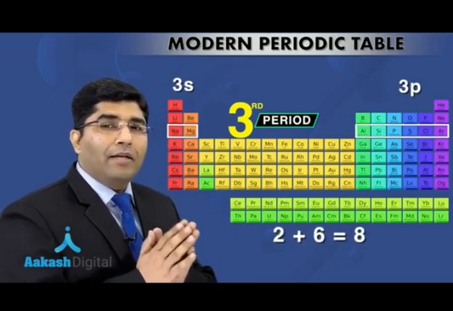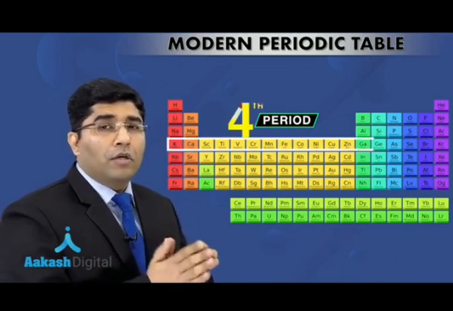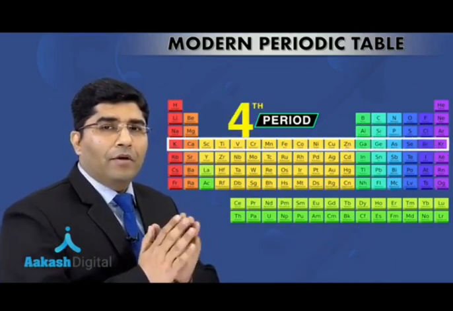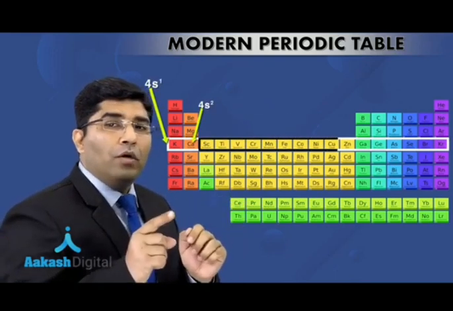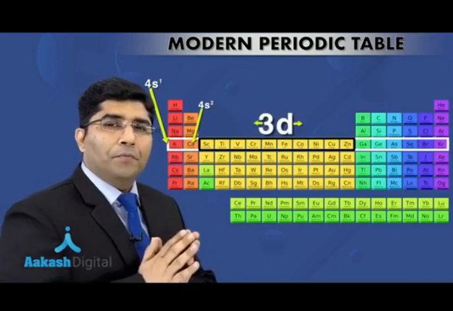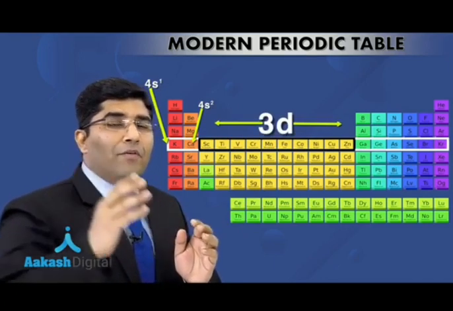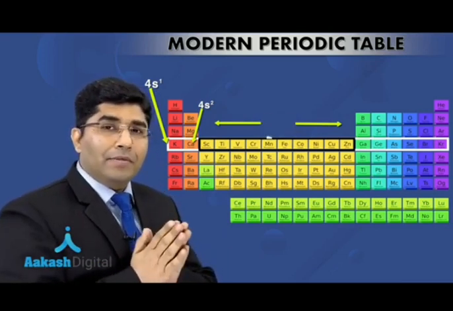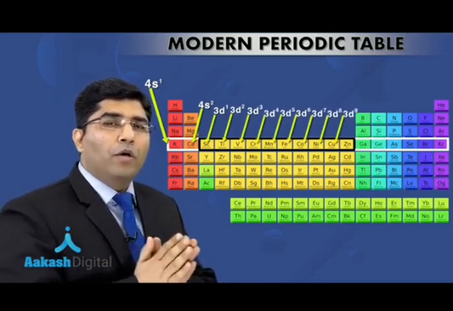again it is 8. If we talk about the fourth period, then 4s1, 4s2. After 4s2, there will be 3d. So the starting of filling of D subshell will take place. Means D1, D2, D3, and it will go up to D10.